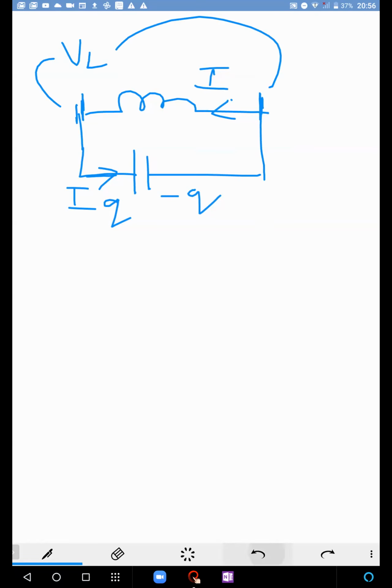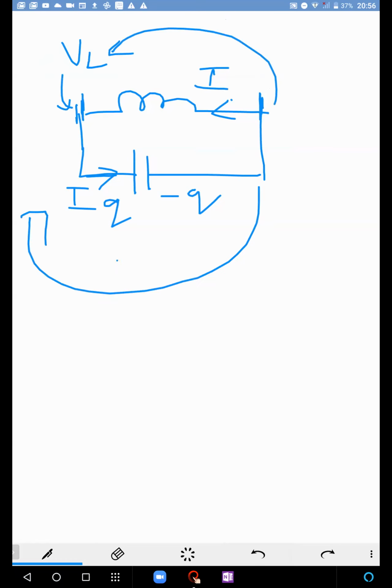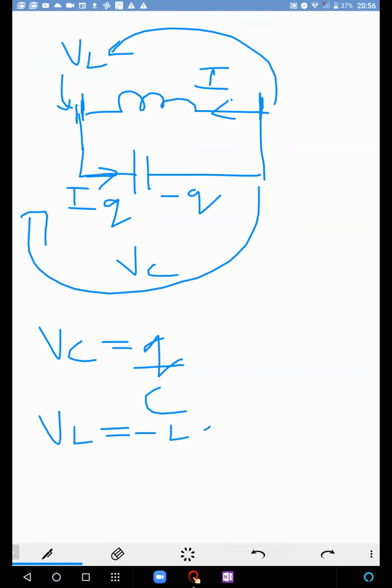Now I'll go the other way around. यहाँ से यहाँ, let's say the potential difference is VL. और यहाँ से यहाँ the potential difference is VC. Okay, so VC is Q by C. ठीक है, second plate का charge upon capacitance, and VL is minus L di by dt in the direction of my current, but VL is equal to VC.